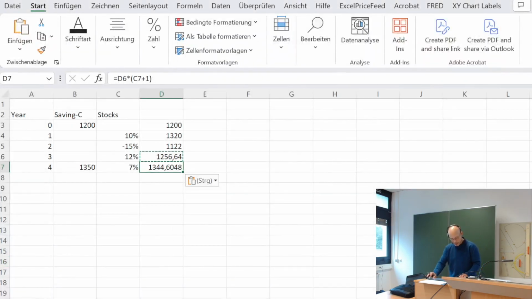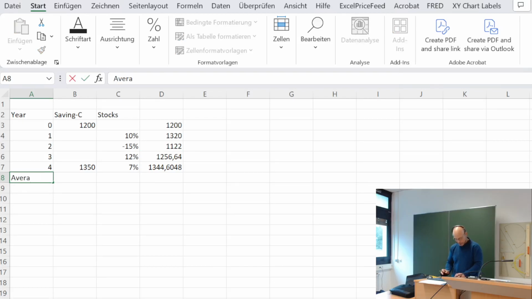And this i I will then calculate here. Average yield equals 1,350 over 1,200 to the power of 1 over 4 minus 1.